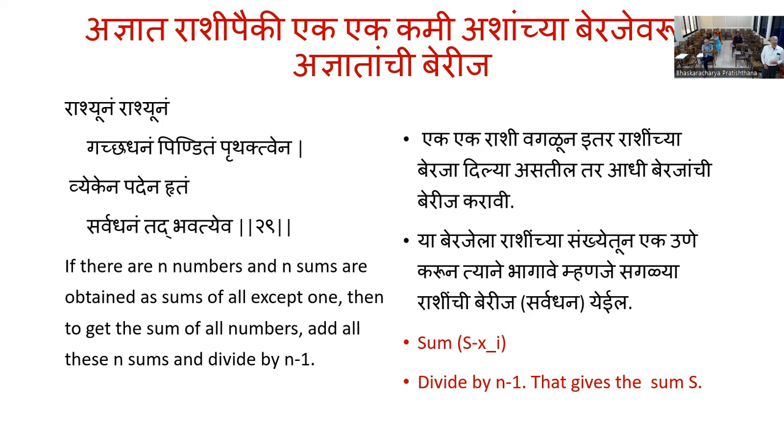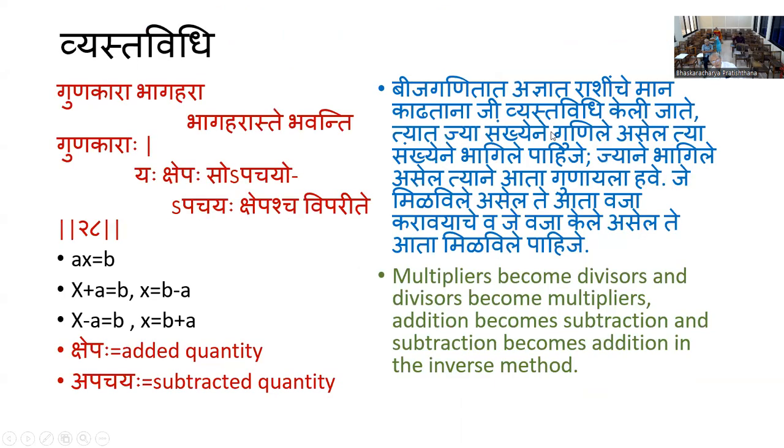So pada is the number of terms; if you subtract one from that, that is n minus 1. Then hrutam means you divide by n minus 1. And then that is sarvadhana, means the total sum is what is obtained by this. Okay. So this is one problem solved here. Okay, this we are done.